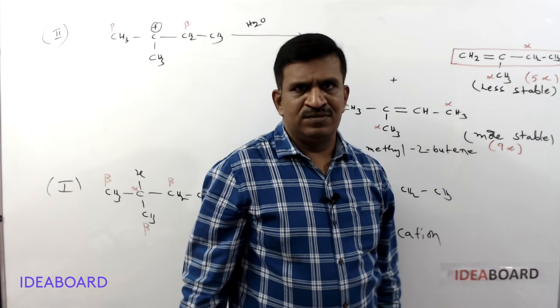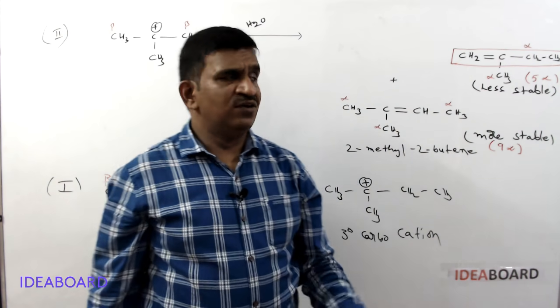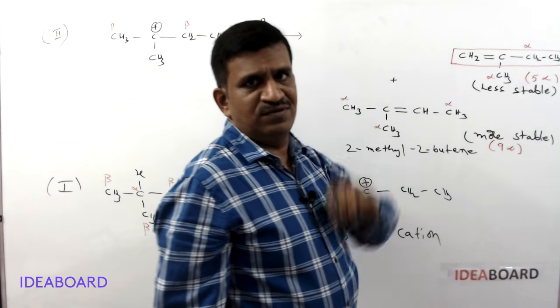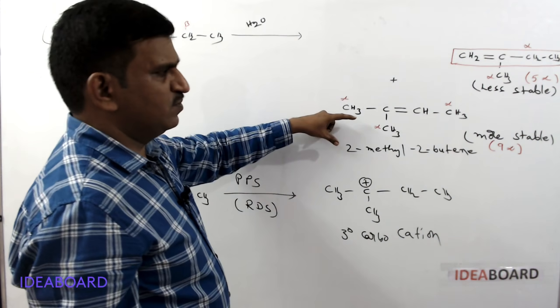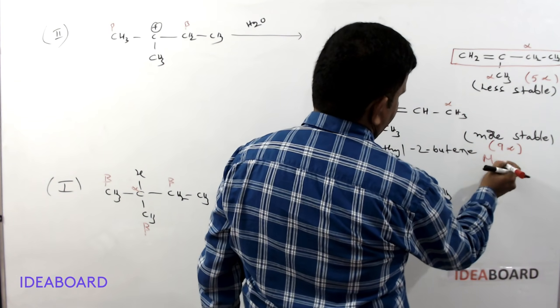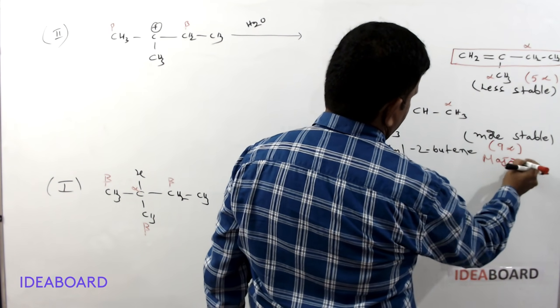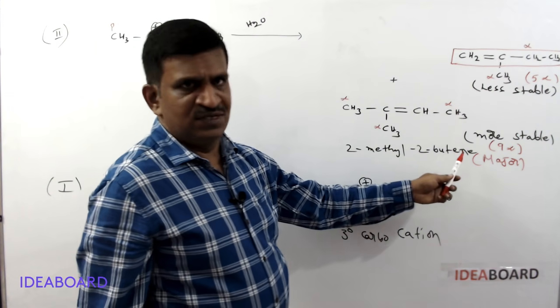Here with 5 alpha hydrogens there is less hyperconjugation, so it is less stable. So the Saytzeff elimination product is formed as the major product. Please remember, that is also called the Saytzeff product.